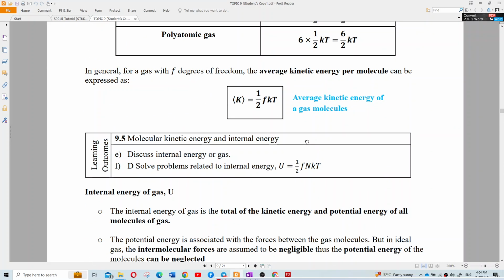Okay, so these are the formulas. The average kinetic energy for one gas molecule is 1 over 2 FkT.